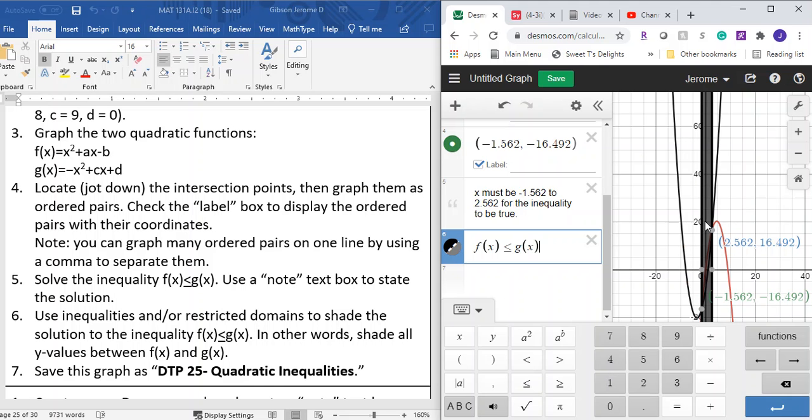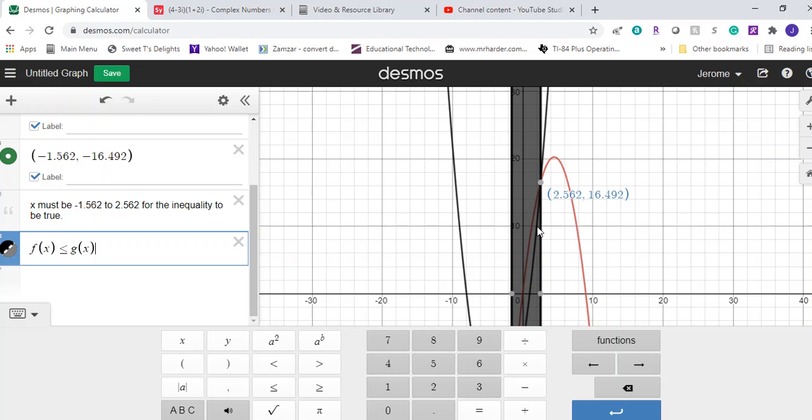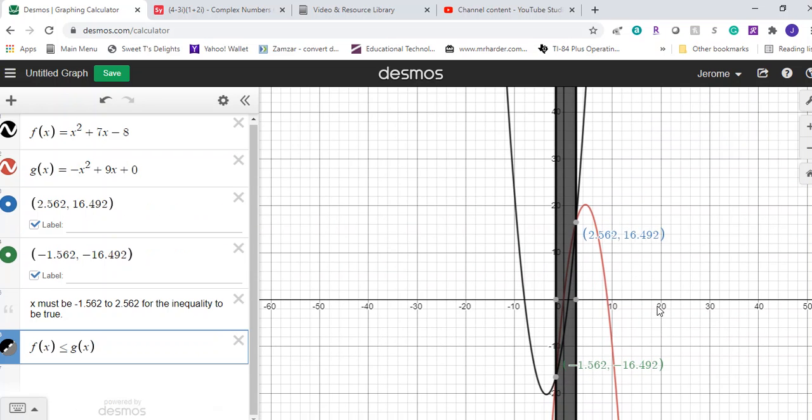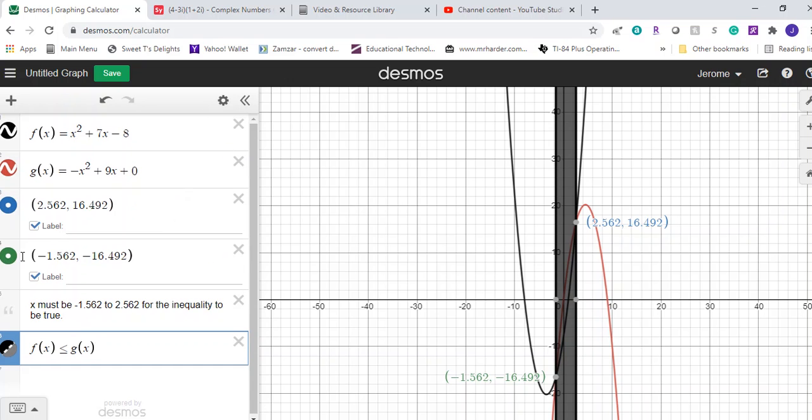And as you see here, it shaded the area. Now I could show it a lot better here. So it shaded the area in between those values. So this is basically what you were supposed to be looking for from exercise 25.